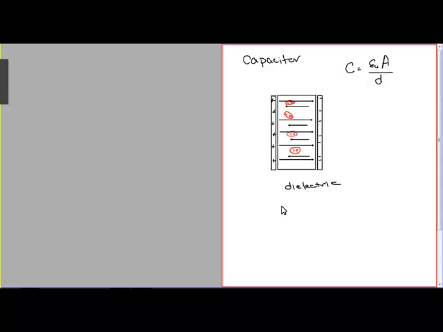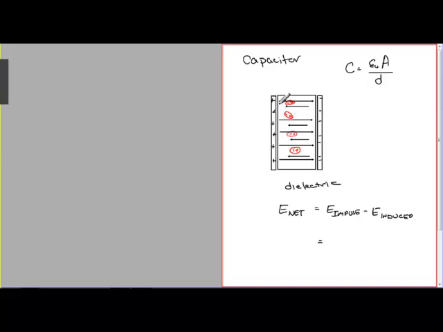So the net electric field is the sum of these two: the electric field imposed by the charges, minus the electric field that's induced by the alignment of these molecules within the dielectric. And that gives you a net electric field that is less than the originally imposed electric field.